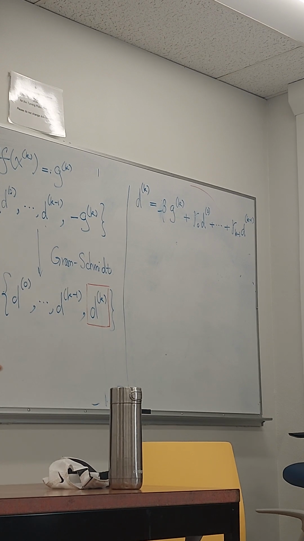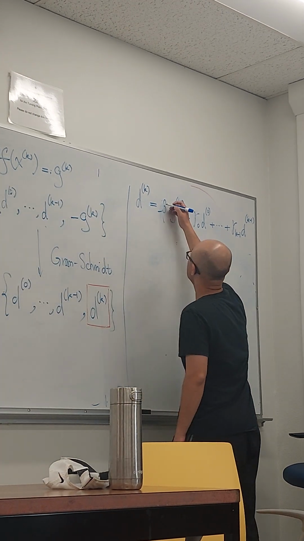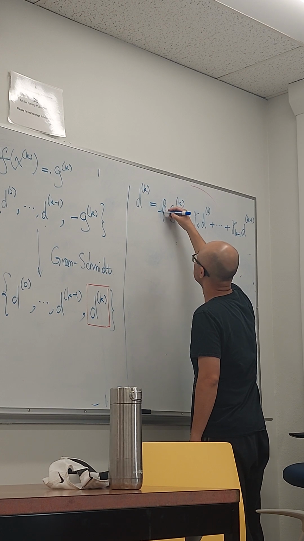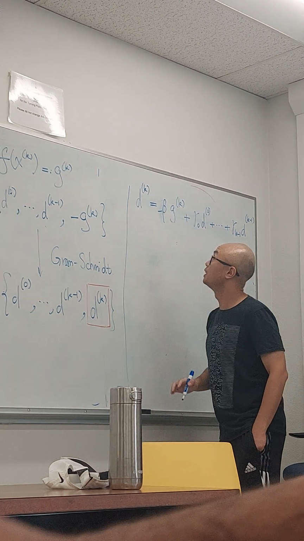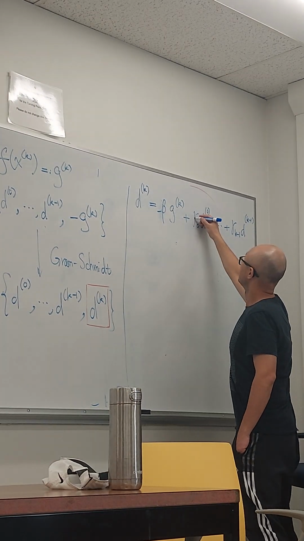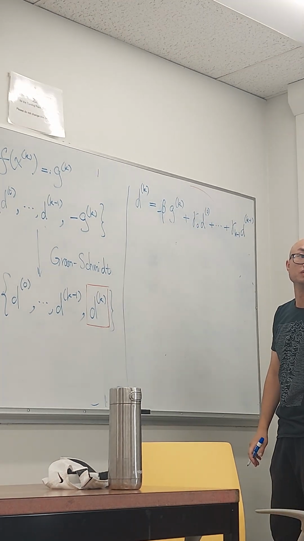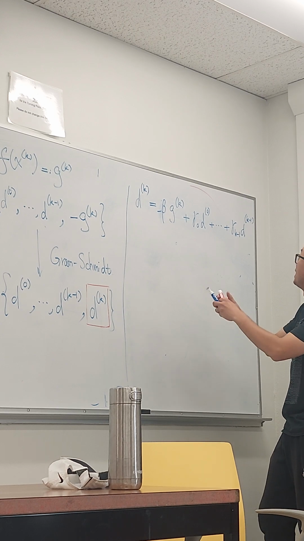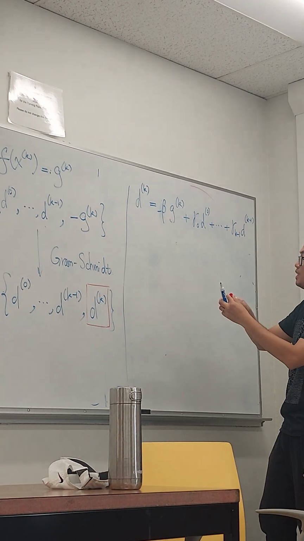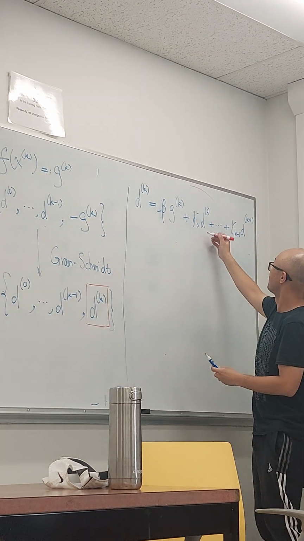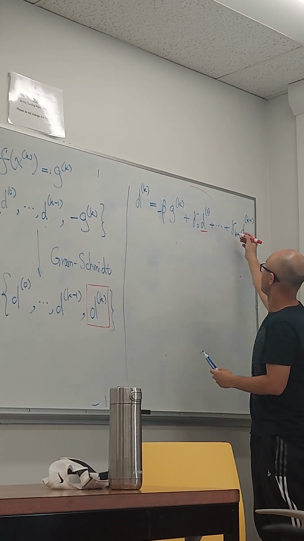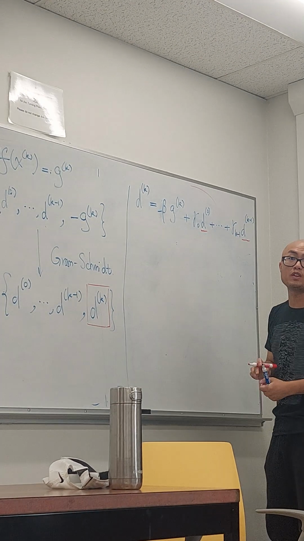Now what we do is place the Q inner product to all of these. Think about this: we know this is Q-orthogonal to this.